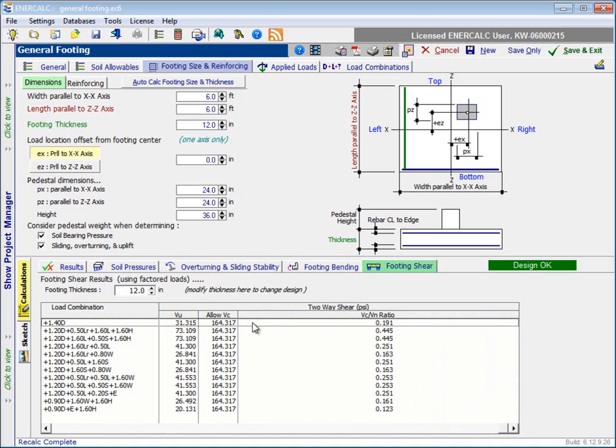And then moving over, we can see the ratio for the two-way shear.